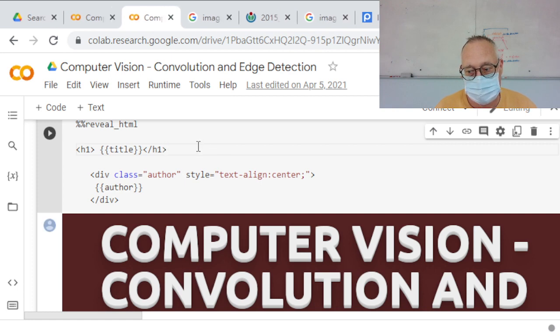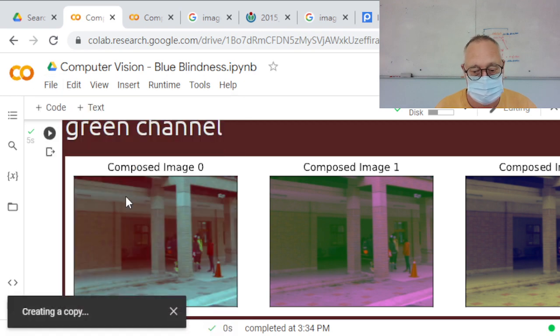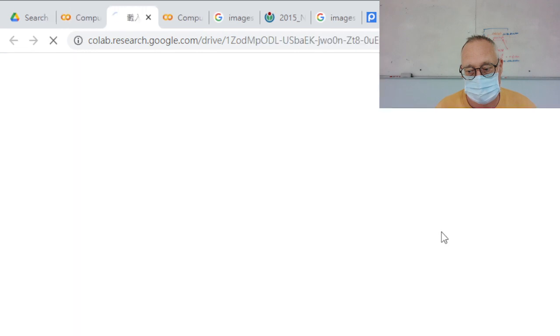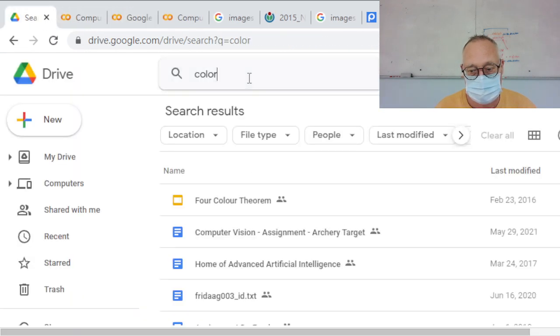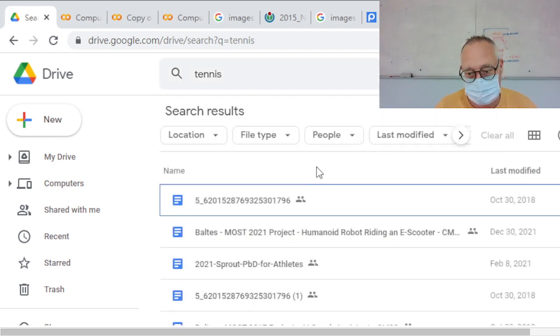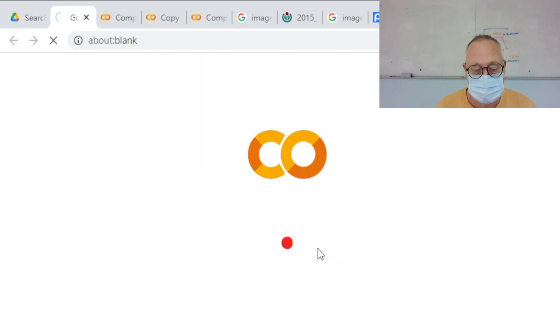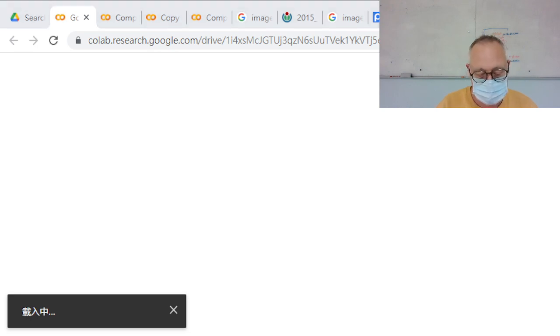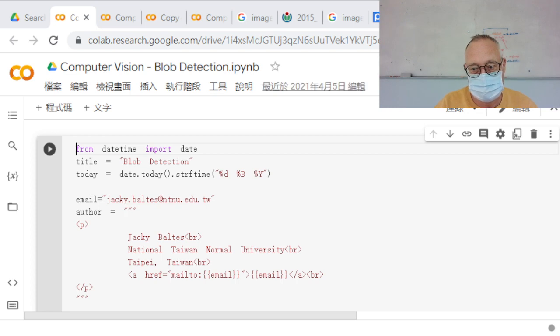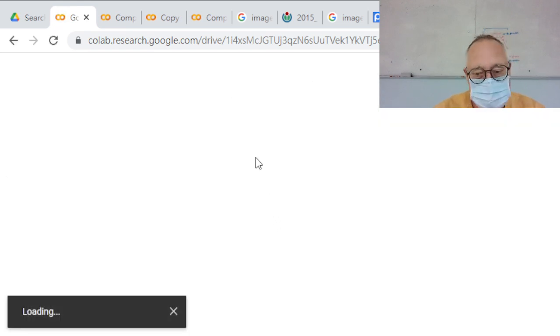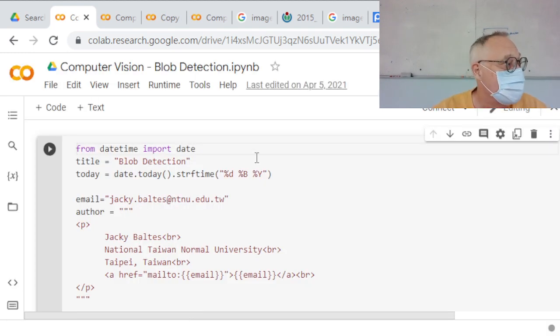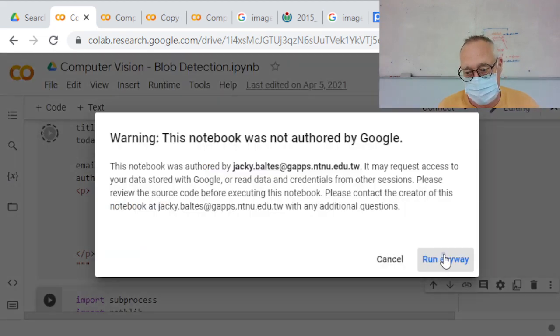So now let's look at actually detecting objects in an image, because that's one of the many things we want to do with our robots. It's a very common problem.